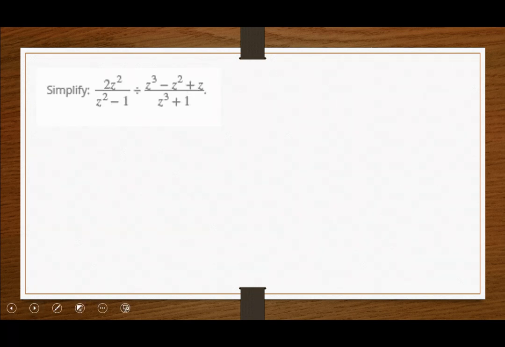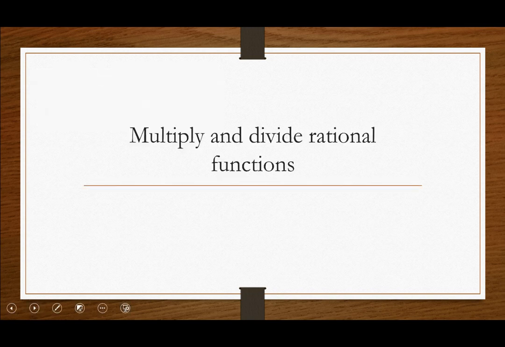So let's take a look at just one other instance here, talking about multiplication and division of rational functions. Function notation is often really confusing for students, so I want to take a moment here to show you an example of a question that may be asked using that notation.